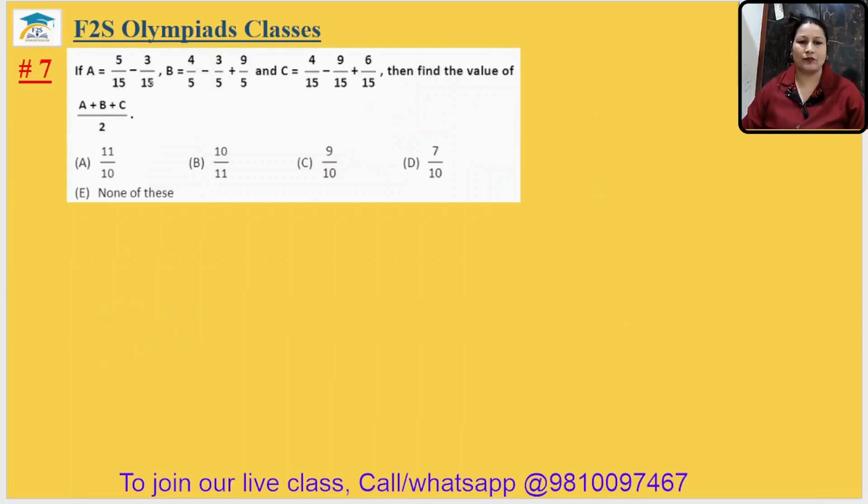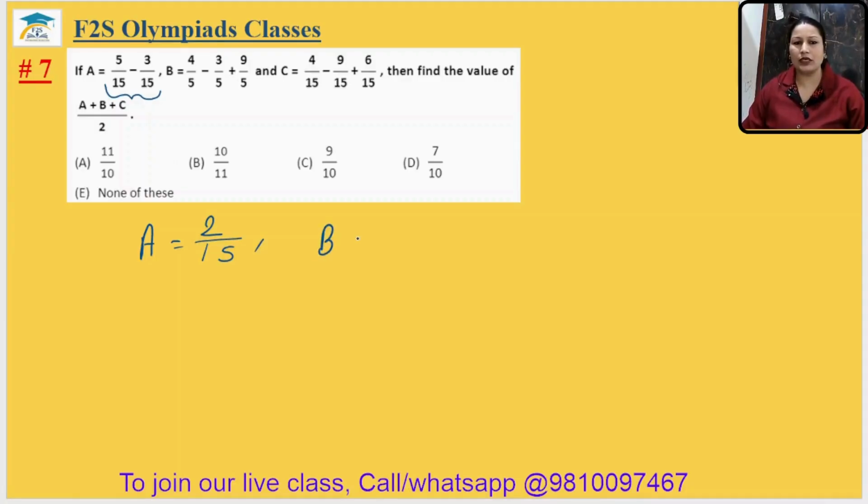Question number 7. If A equal to 5/15 minus 3/15, B equal to 4/5 minus 3/5 plus 9/5, and C equal to 4/5 minus 9/15 plus 6/15, then find the value of A plus B plus C/2. So first simplify A. 5/15 minus 3/15 is your 2/15.